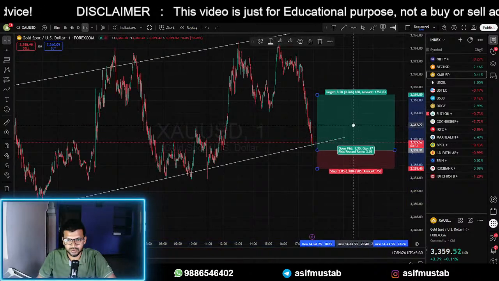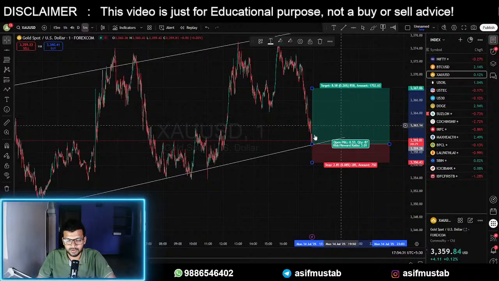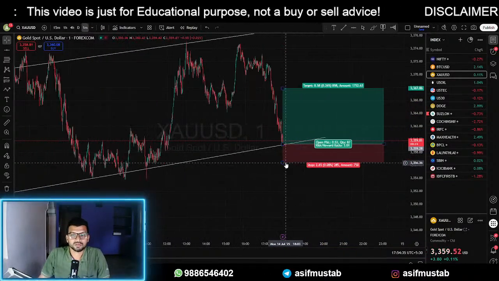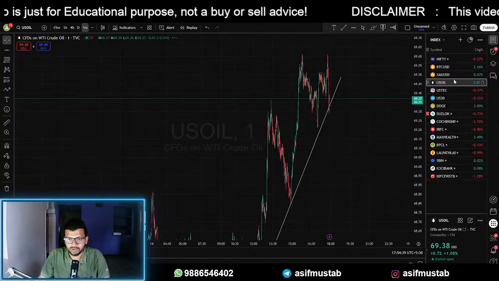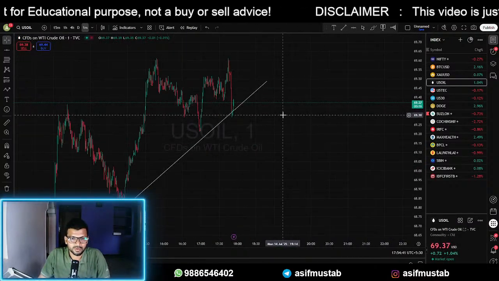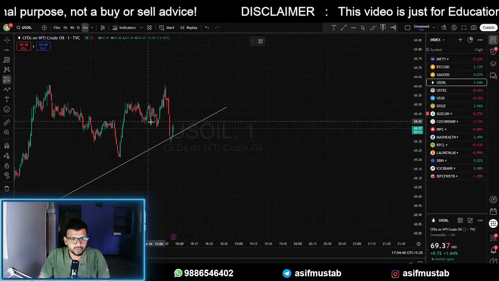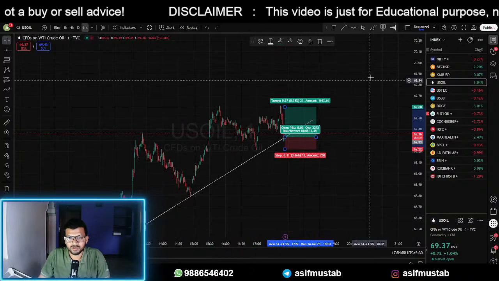So we should enter here on this trend line, and we'll take 1 is to 3 risk to reward. So this is our gold trade, and this is our US oil. I have told that we should enter into this trend line, a long position on this trend line, and a big target is there.